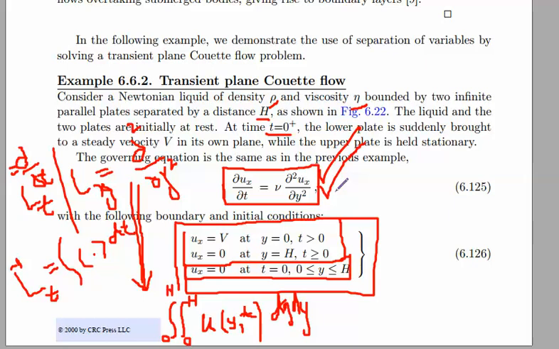In the next step, we apply the invertible operator on both sides of this equation, and we say that this is invertible, so then u of x, y, t is equal to the source term, or the zeroth order solution.